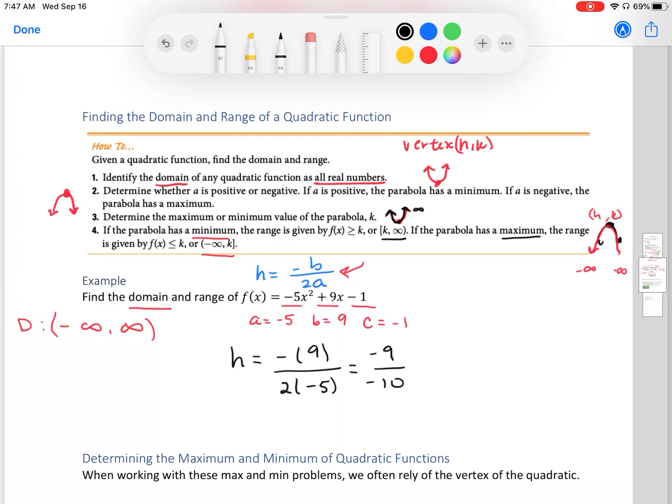That is my h. To find my k, let's plug this into our function. So let's find f of negative 9 over negative 10. Both are negative, and a negative divided by a negative is positive, so I can just drop the negative. So I have negative 5 times 9 over 10 squared plus 9 times 9 over 10 minus 1.